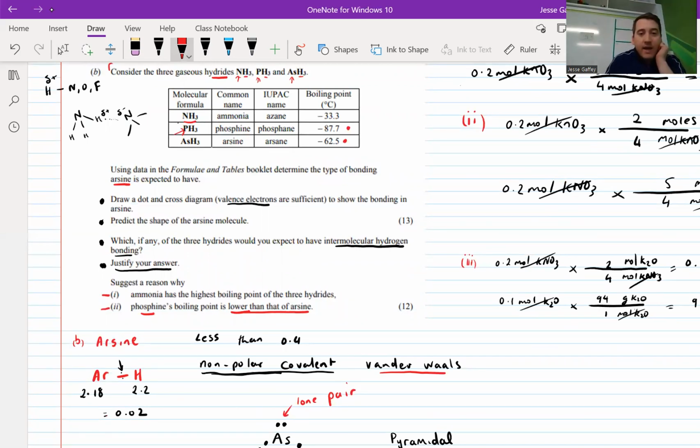Okay, so hopefully what we're saying here is that phosphine has a lower boiling point than arsine because arsine contains arsenic, and arsenic is a bigger atom than phosphorus, therefore more electrons, and therefore stronger van der Waals forces. And stronger van der Waals forces lead to a higher boiling point.